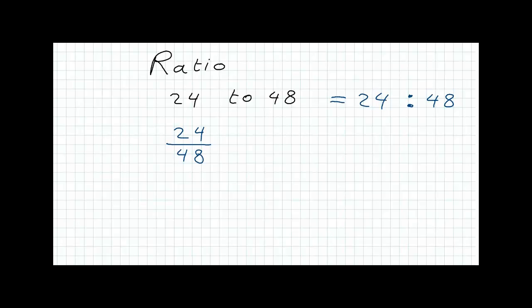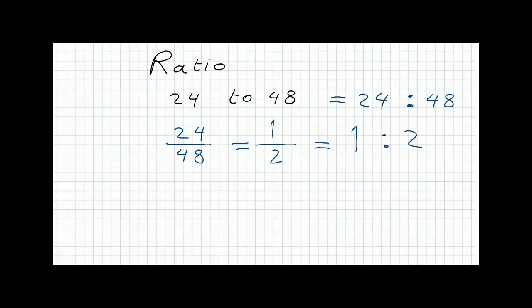So notice here that order is very important. You can't say 48 over 24. And then you can simplify this fraction, which is going to be 1 over 2. So the ratio here is 1 over 2, or you can write it 1 to 2.